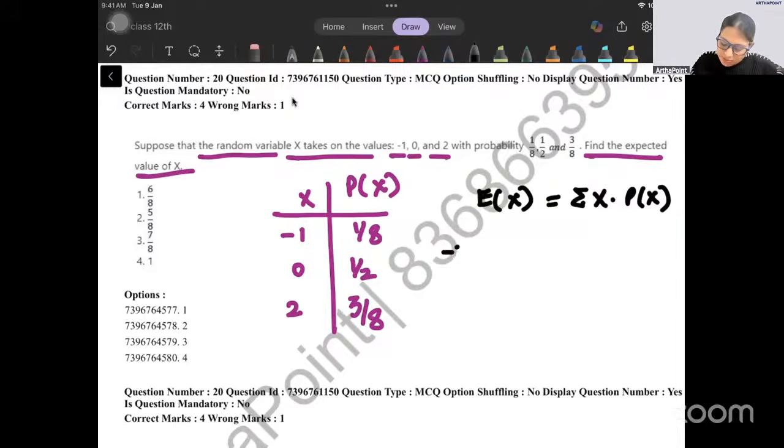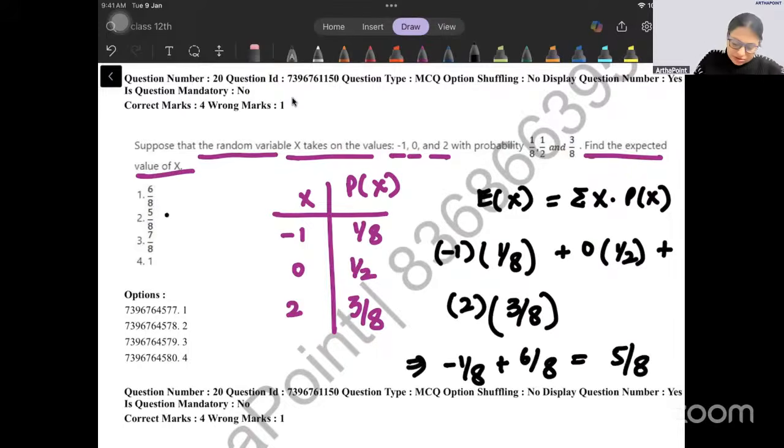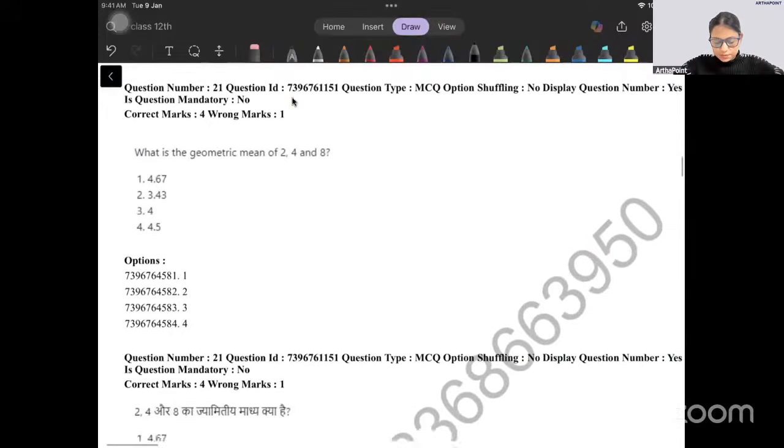It is going to be -1 into 1 by 8 plus 0 into 1 by 2 plus 2 into 3 by 8. So it will be -1 by 8 plus 6 by 8, which is 5 by 8. So this will be the answer. Okay. Move on to the next question.